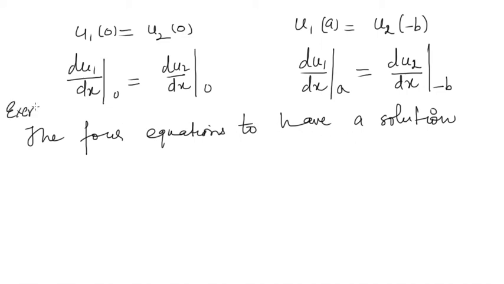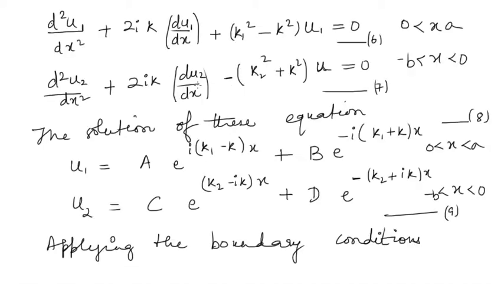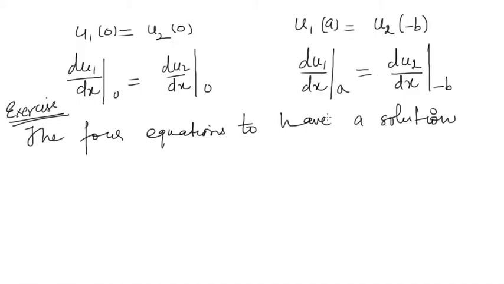What you have to do is apply all these 4 boundary conditions in the solutions 8 and 9. We get 4 equations, and these 4 equations have a solution only if the determinant of the coefficients vanishes.